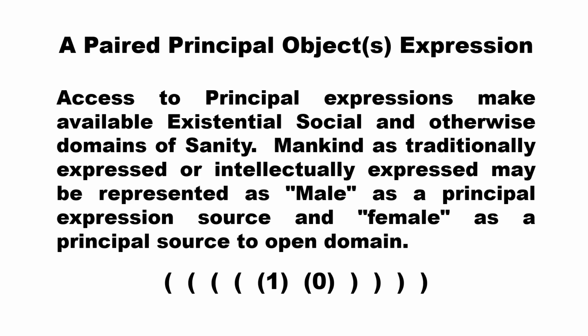So I try to figure out how it's true, and access to principal expressions make available existential, social, and otherwise domains of sanity. Mankind as traditionally expressed or intellectually expressed may be represented as male as a principal expression source and female as a principal source to open domain. So the moral of this story is brush up on your math. It's got to make sense somehow.